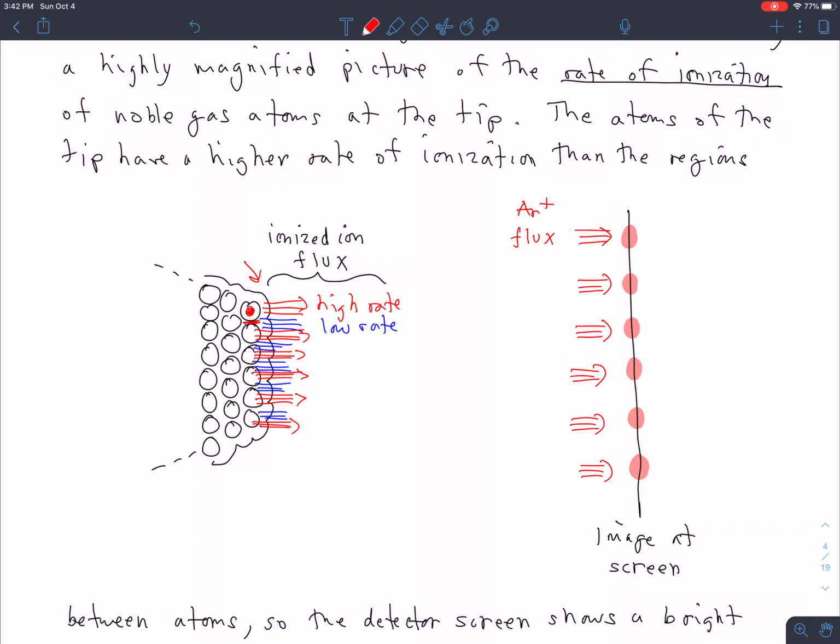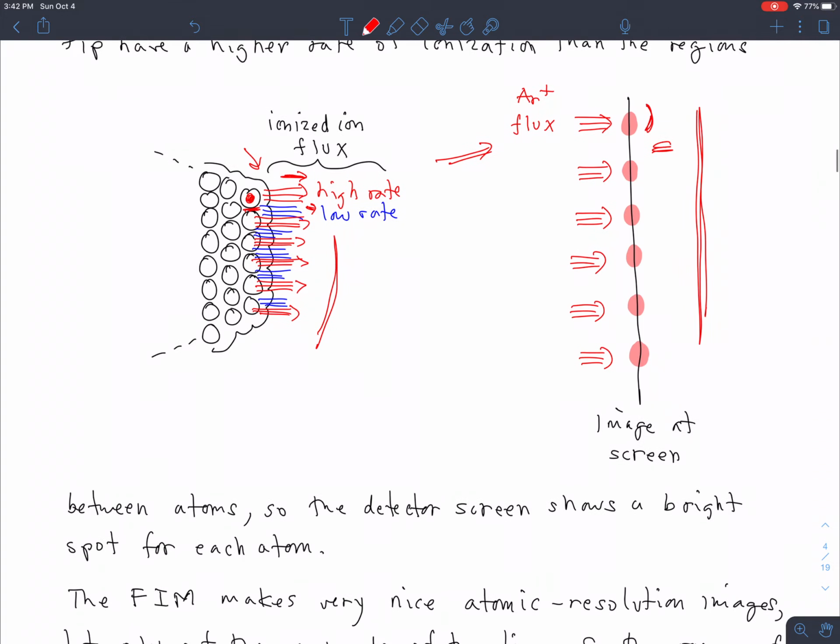So the rate of ionization is much higher at the atoms than it is between the atoms. And that means that on the detector screen over here, you see a stream of argon ions arriving that leave a high-intensity spot corresponding to where the atoms are on the tip, and a low-intensity area in between the atoms. And so you get an atom-by-atom image of everywhere on the tip.